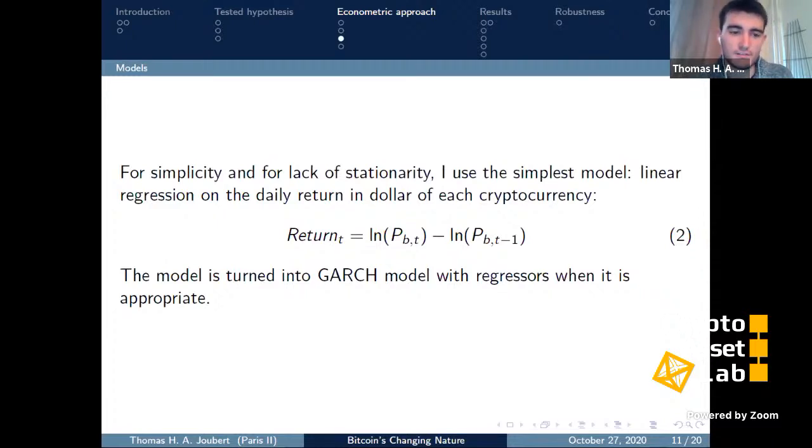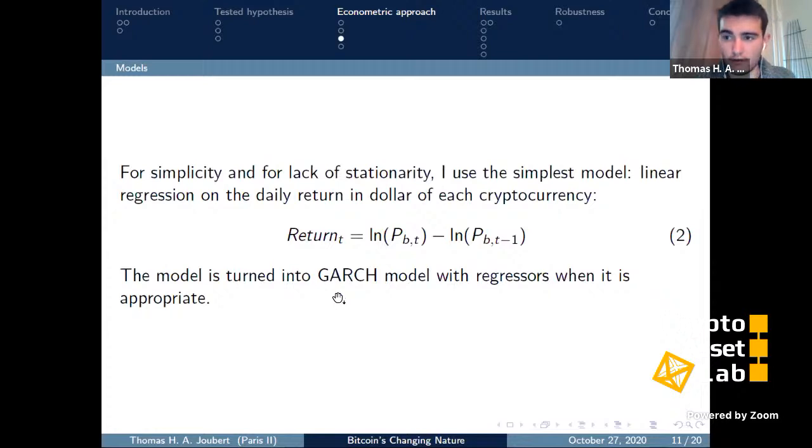Moreover, there are sometimes very volatile periods over the cryptocurrency markets. So there can be some heteroscedasticity. And in that case, if I detect some, I can turn my linear regression into a GARCH model.